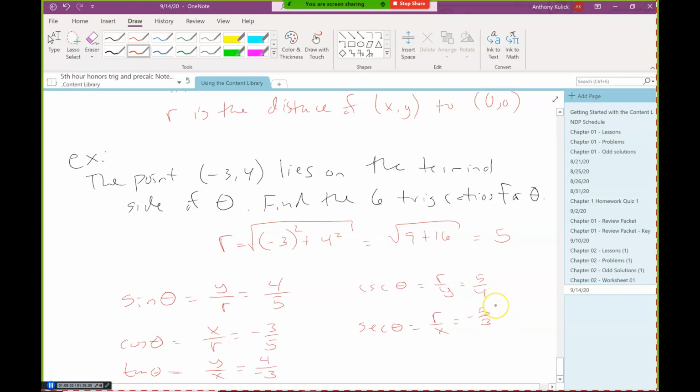I guess you could put the negative sign on the 3 also. It doesn't really matter where the negative sign goes, right, guys? If you got a negative sign in the fraction, it's the same whether it's on the top or the bottom or out front to the whole thing. And cotangent theta is x over y, which is -3/4. Is everybody okay with this idea?